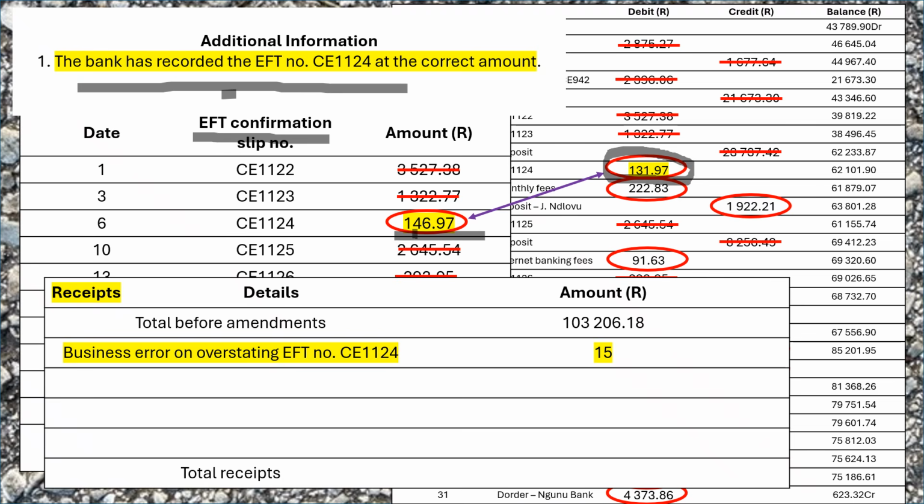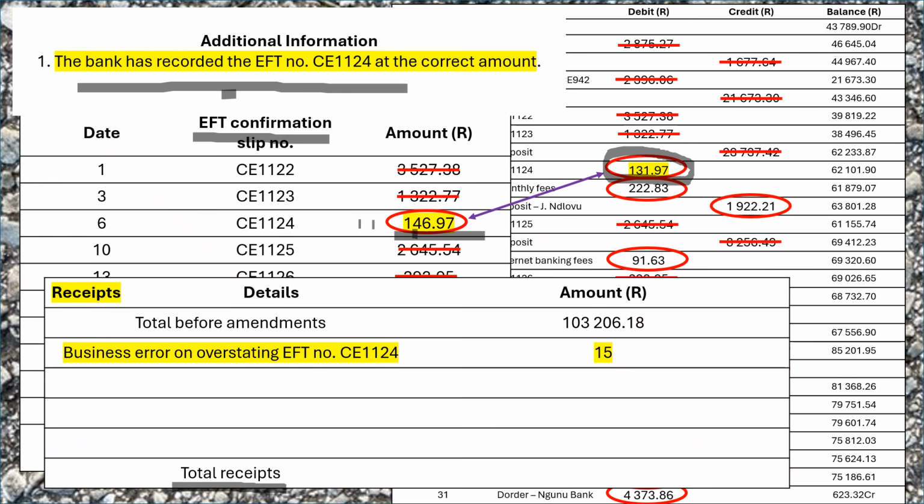Now, in order to reverse this error, this amount here, 146.97, is too big in our cash book payments. To reverse it, we need to put it into our receipts.